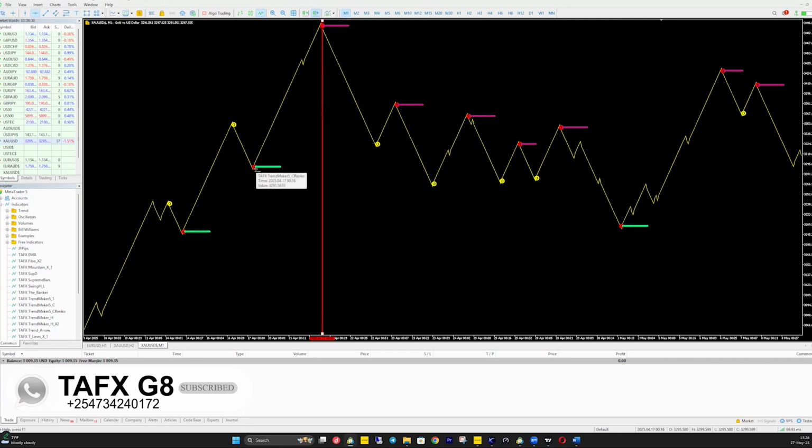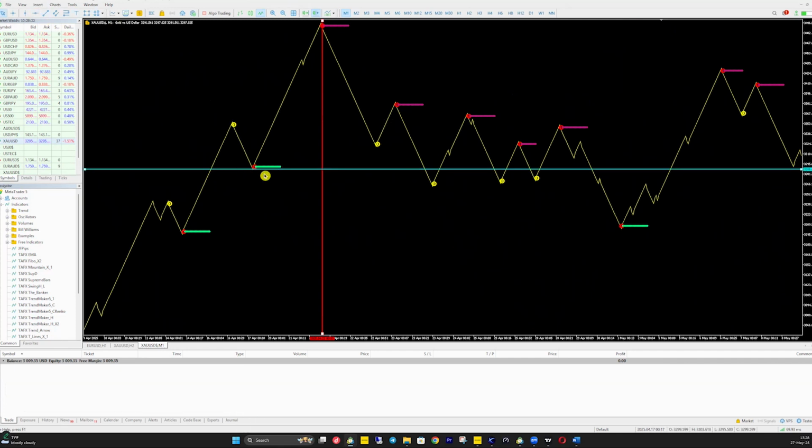When it comes to this point, because this is our last higher low, if they break our higher low at this point, then we change from bullish to bearish. So even if you work with these zones as your higher highs and higher lows, it will be very simple and easy for you to understand them. Are you getting the point?